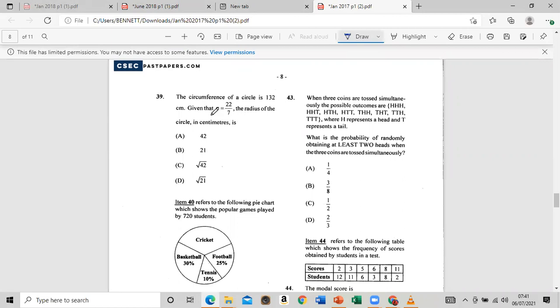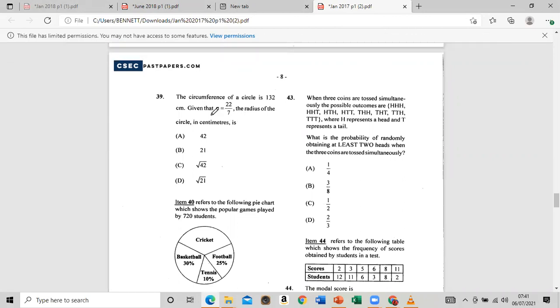All right, the circumference of a circle is 132 centimeters. Given that pi is 22/7, calculate the radius of the circle. So we know that the circumference is equal to 2 pi r.